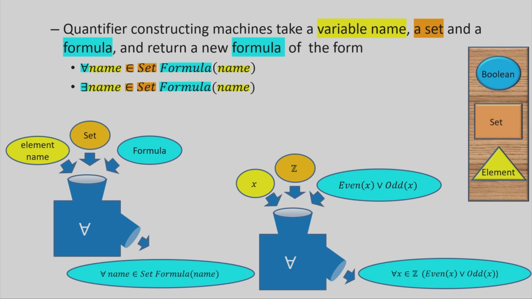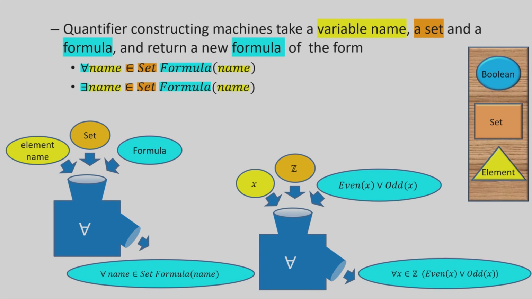Or actually, here I said formula in parentheses, but in general, if your variable occurs somewhere in this formula, you just write down that formula. So for example, if your element is called x, and you have universal quantifier, and your set is integers, and your formula is even x or odd x, then your machine that constructs formulas will take that information and produce for all x in z, and then in parentheses, even x or odd x.